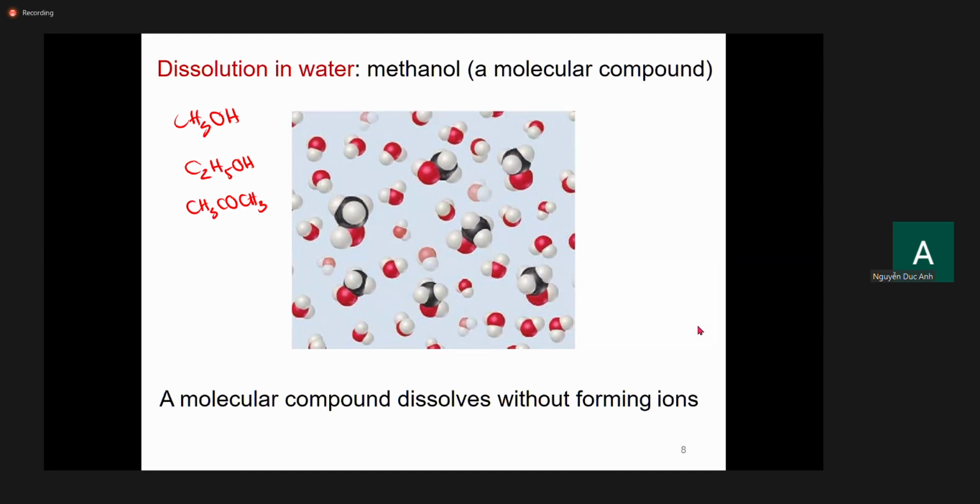They cannot separate into ions, and that leads to the property that they cannot conduct electricity. So normally a molecular compound in water has non-electrolytic properties.